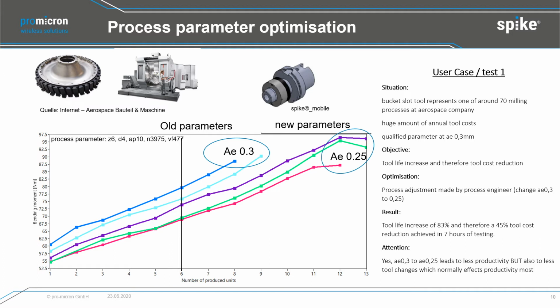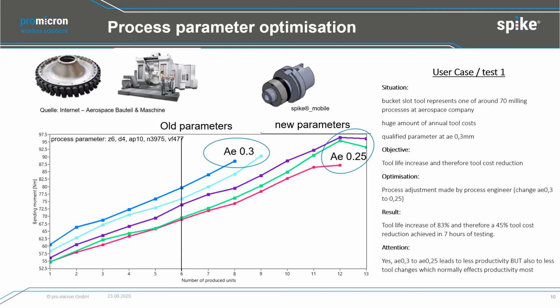The key effect was the 45% tool cost saving. And this was the effect the management used to talk to the production team and say, we need to adjust our qualified process parameters because we are wasting so much money on tool costs.